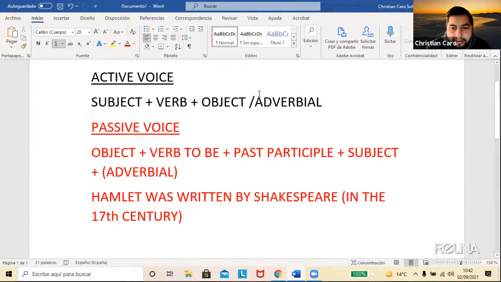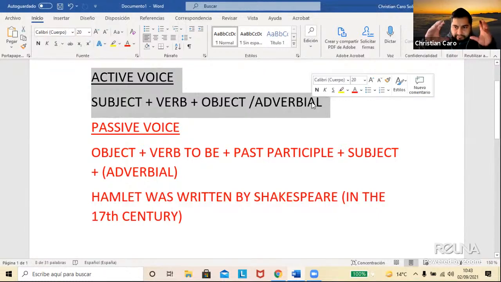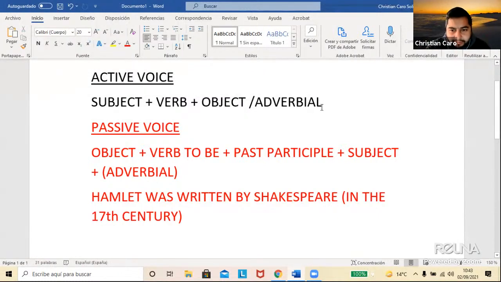And also the adverbial phrases can be adverbial phrases of time, of place, etc. So this is the general scheme for the active voice.